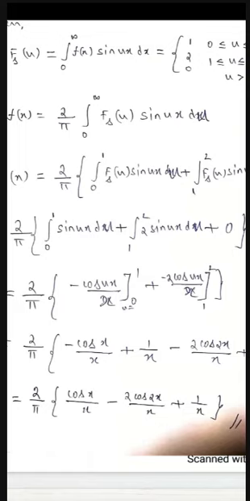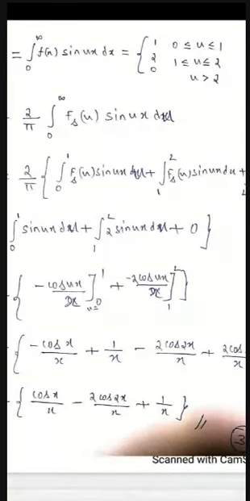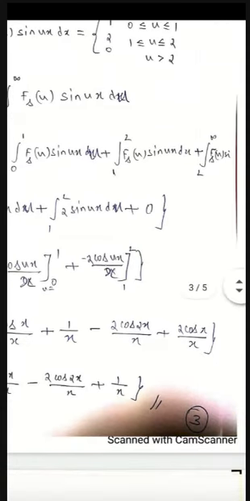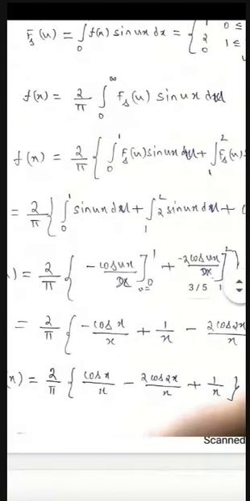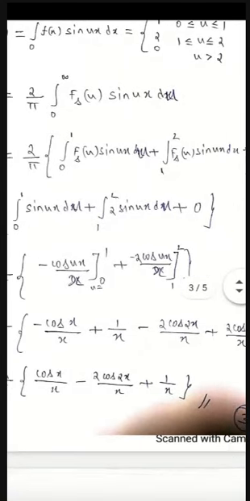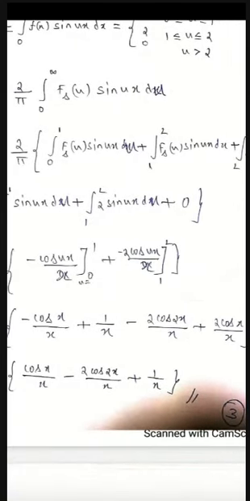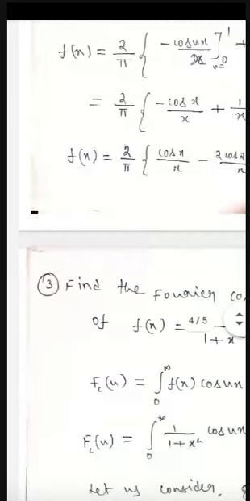Minus cos x divided by x plus 1 by x, minus 2 cos 2x by x plus 2 cos x by x. So finally, we have 2 by pi times cos x by x minus 2 cos 2x by x plus 1 by x. Is there a doubt?